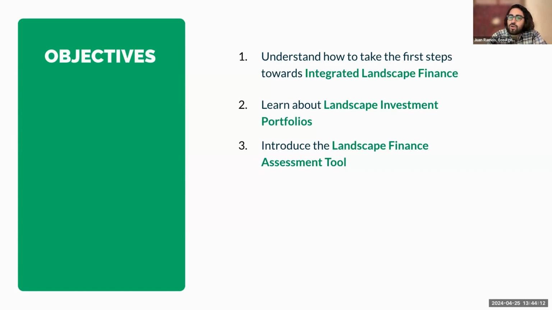Then move into a bit more of the practical element of what does it really mean to begin that process and develop a portfolio of projects and activities. And then finally introduce a bit of a tool to systematize and think about what are the different elements to consider when you're thinking about landscape finance within a given territory or context.